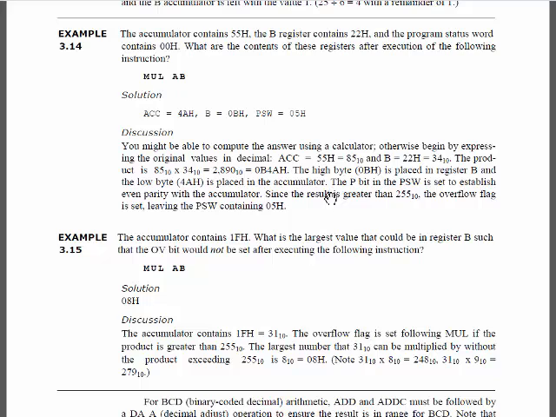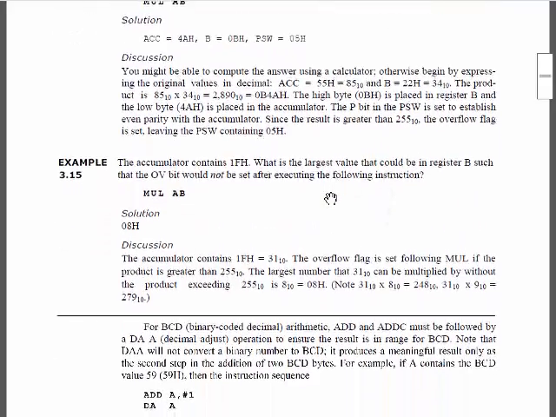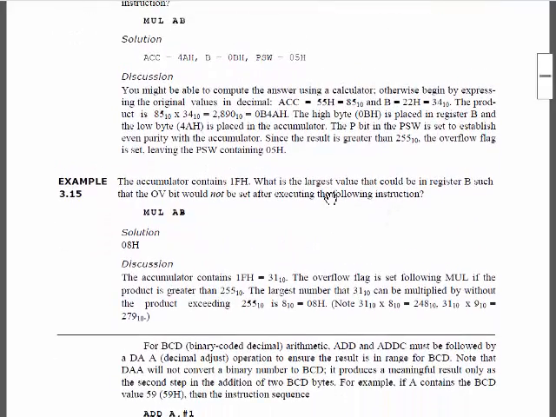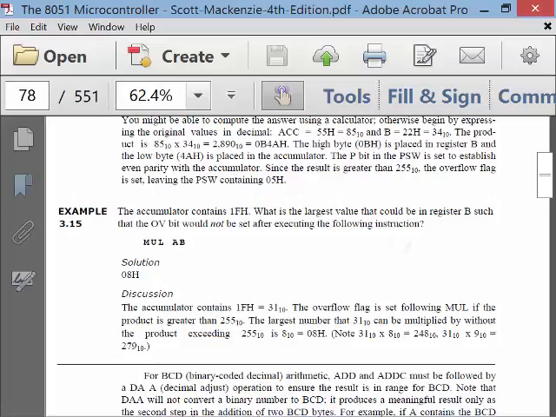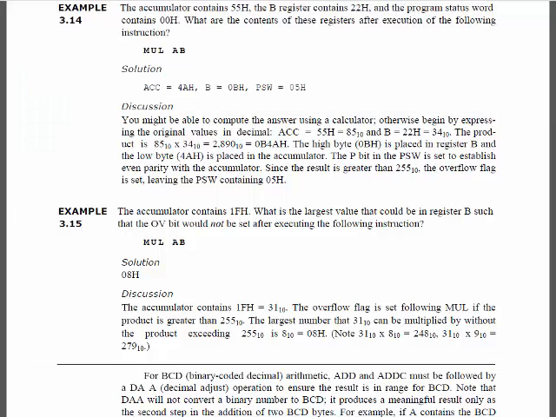Now multiply only works with A and B. So the multiply command is very, very restrictive. You normally would only use it with A and B, and the answer is always stored in the accumulator.